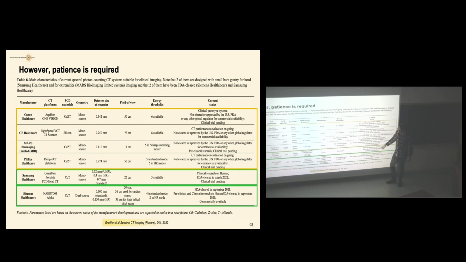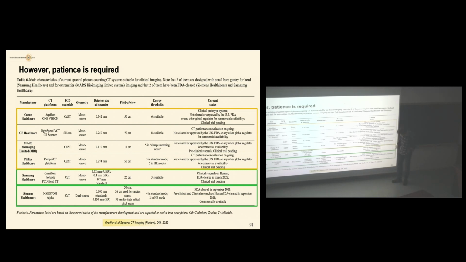I'm showing here all the photon-counting systems officially available. You have GE Healthcare and Canon Healthcare that are moving fast and might be FDA approved in the next two years, while Siemens already got clearance from the FDA in 2021 with high resolution and different performances.